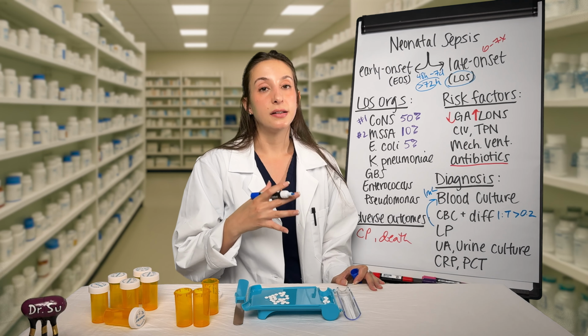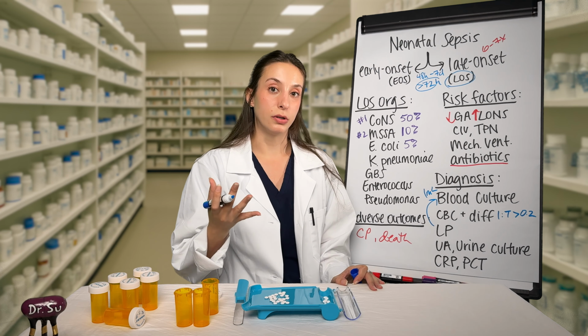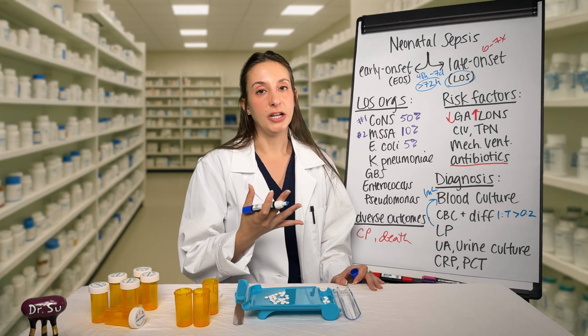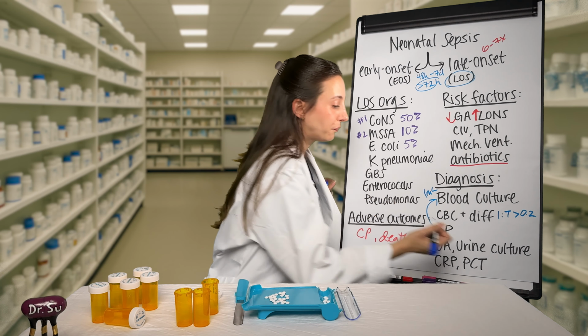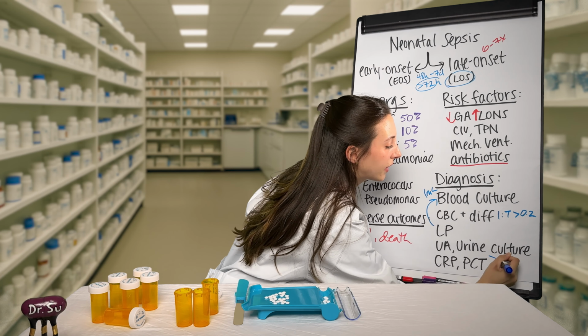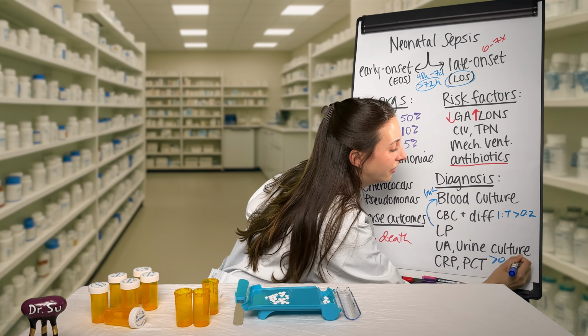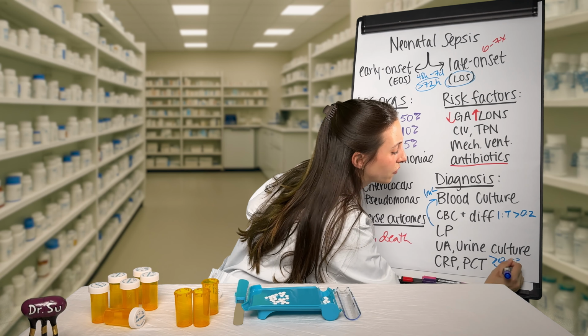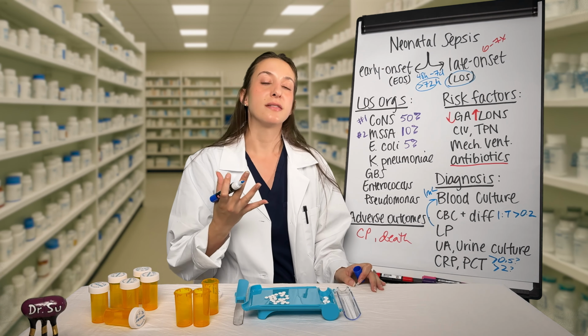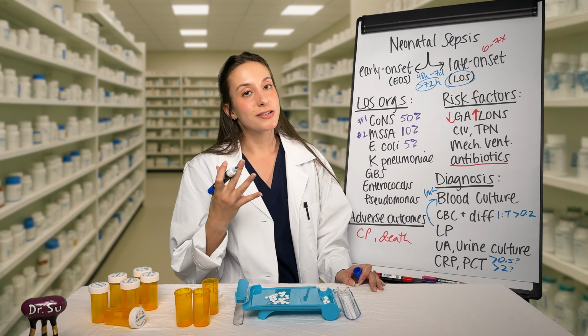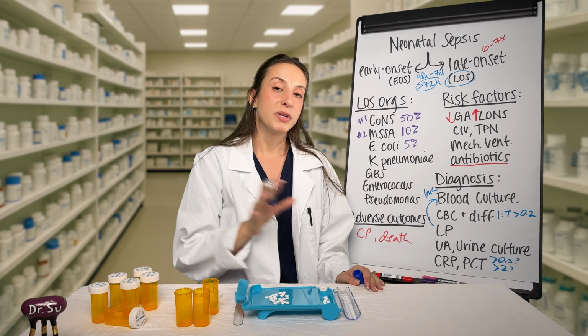So that makes it an appealing diagnostic tool. But we still don't have a lot of information about what level we should be looking at for diagnosis. Some recommend greater than 0.5. Some literature says just greater than 2. So a lot of variability. So we can get a procalcitonin, but as a diagnostic tool, not as clear, but definitely as a marker of appropriate therapy.